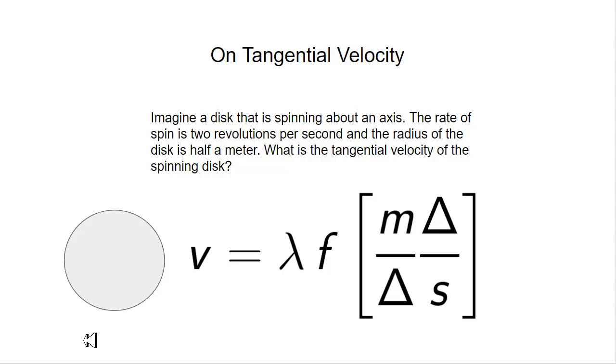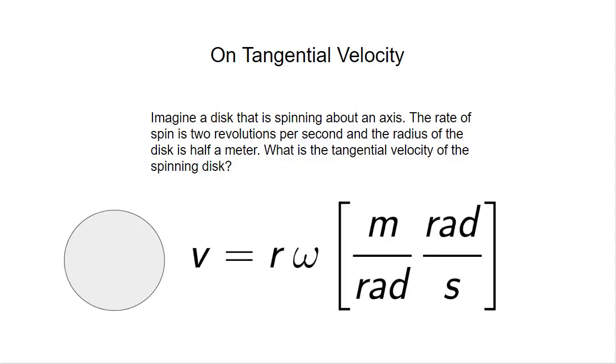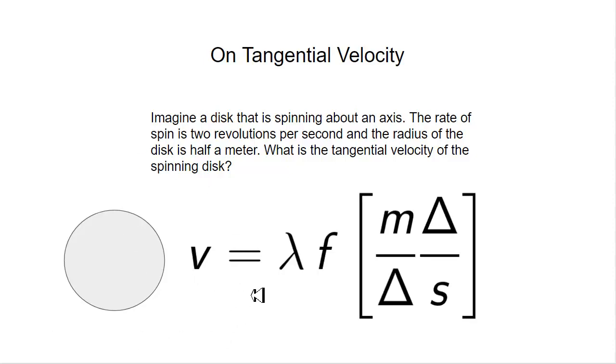But in the ohm particle model, I am really trying to avoid radians as much as possible. And so I prefer to write the tangential velocity equation like this, with the knowledge that this lambda symbol can either mean the wavelength of a wave, or it can mean circumference of a circle.